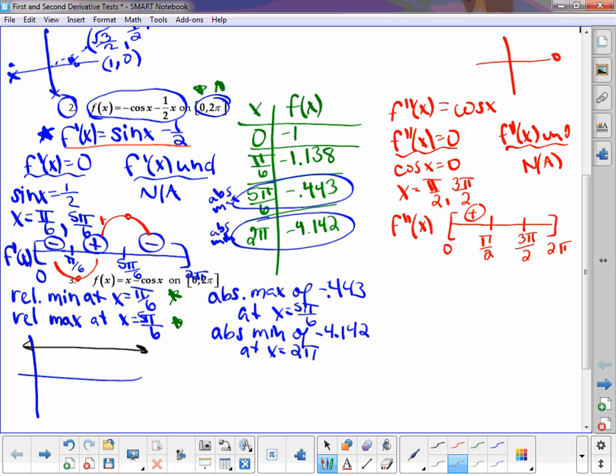From pi over 2 to 3 pi over 2, what is cosine? Negative. And 3 pi over 2 to 2 pi, what's cosine? Positive. Alright, so we can see we have points of inflection. X has points of inflection. Would not abbreviate on free response, but at the same time, we are here. At x equal to pi over 2 and 3 pi over 2.